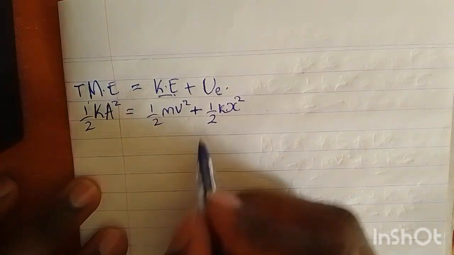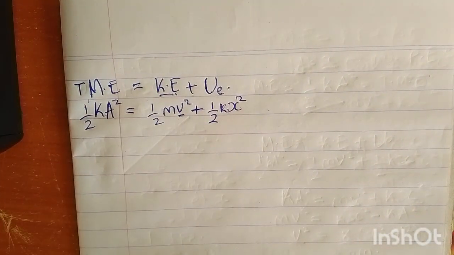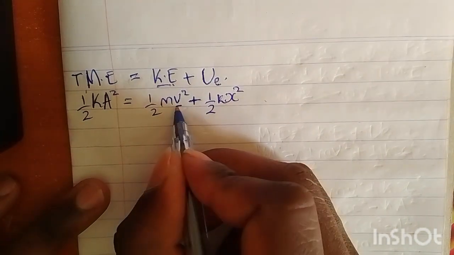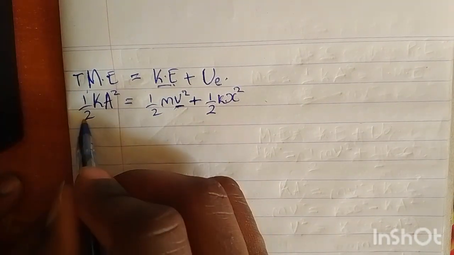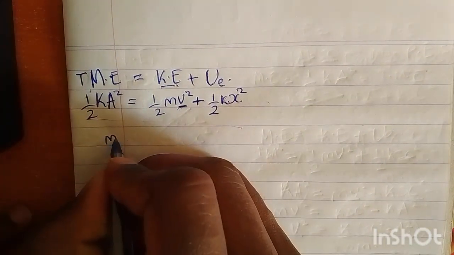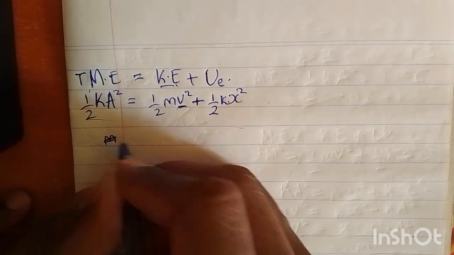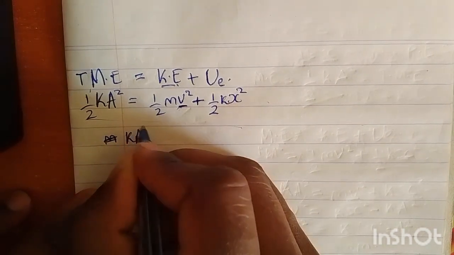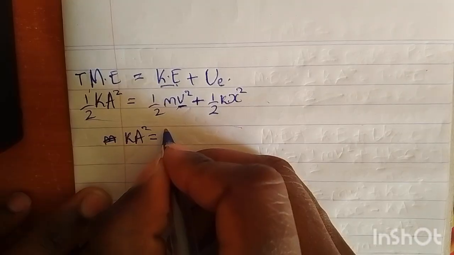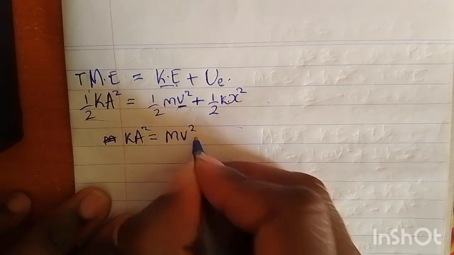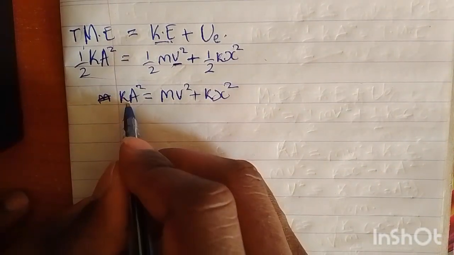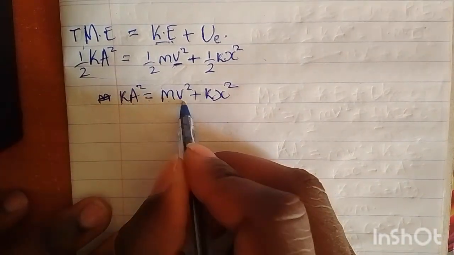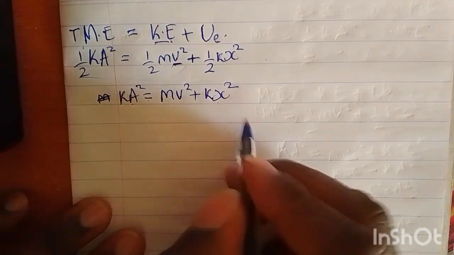Now let's say we want to get the velocity at a certain point in time of a certain particle in the system. Therefore, we make velocity the subject of the formula, so we divide all through by a half, and get kA squared is equal to mv squared plus kx squared.